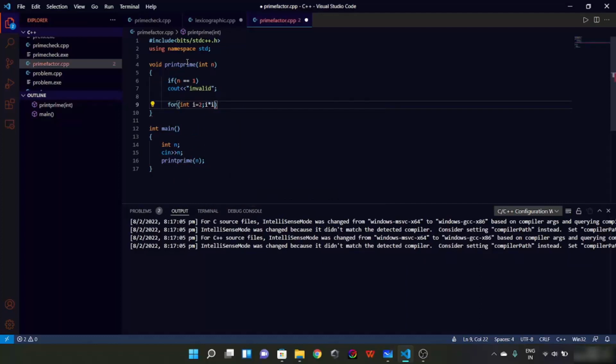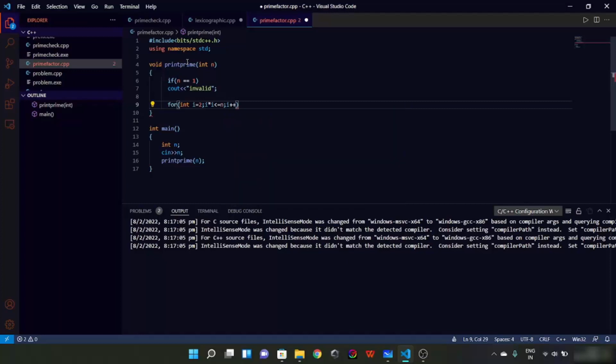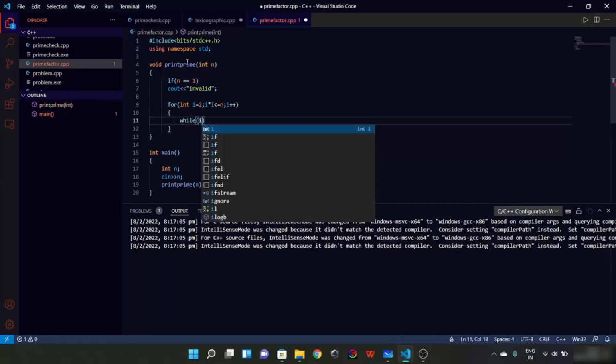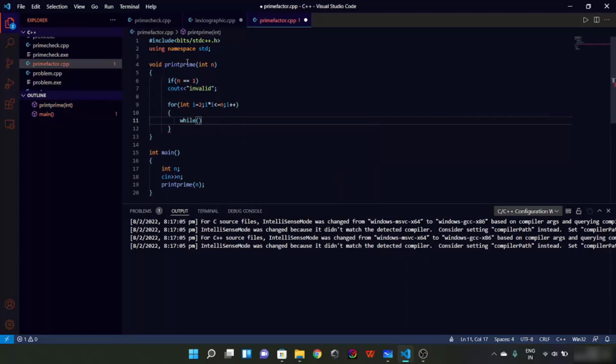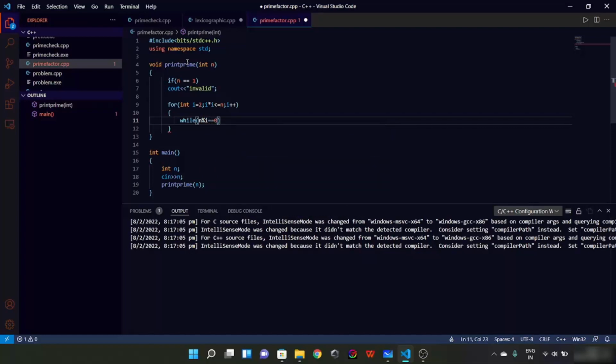We'll run it till root n. And now what I'm saying is while n modulo i, okay, this sentence means what? That i is a prime factor of the number, right?